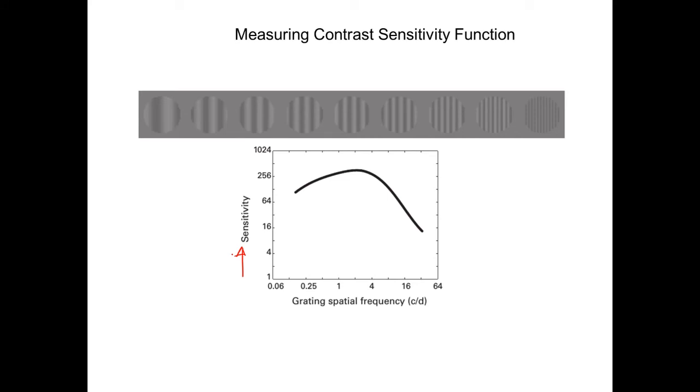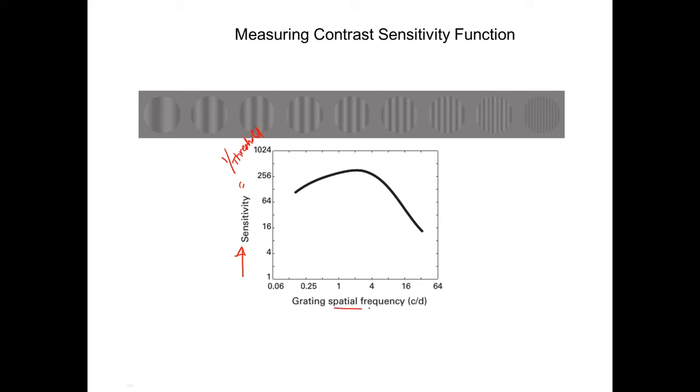Another terminology you have to learn in this course is sensitivity. Sensitivity is nothing but 1 over the threshold. So the lesser the threshold, the more the sensitivity; the more the threshold, the lesser the sensitivity. Sensitivity is the inverse of the threshold.